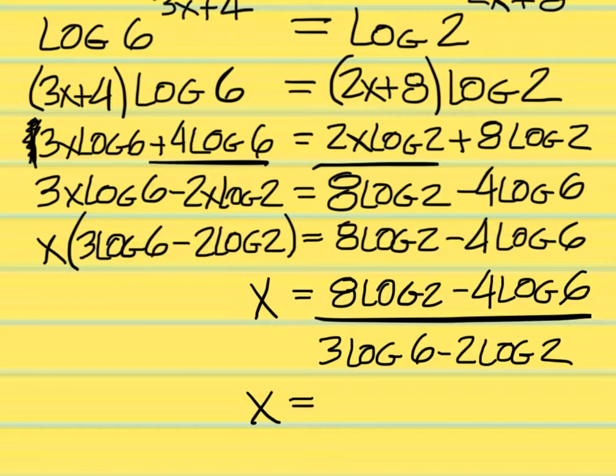Use your parentheses like we went over in the last problem. 8 log 2 minus 4 log 6. And then divide by 3 log 6 minus 2 log 2. And round to 4 decimal places.